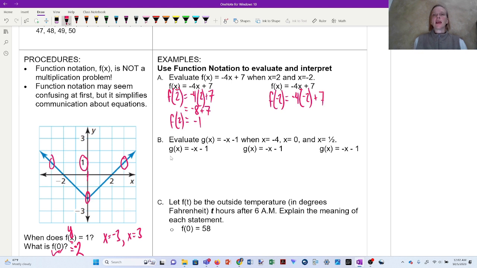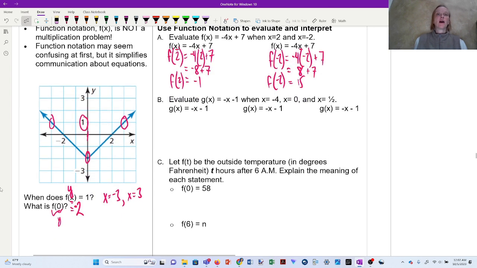When I have negative 4 times negative 2, that is positive 8. And positive 8 plus the 7 gives me 15. So f of negative 2 equals 15. So I have now evaluated this function for two different values of x, when x equals 2 and x equals negative 2.